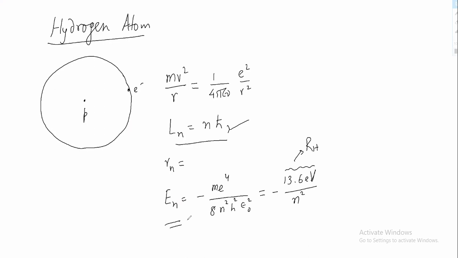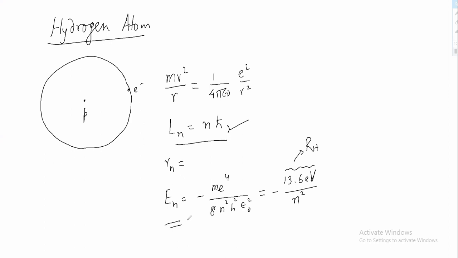This is the energy of the hydrogen atom we talk about, and then we say that in the ground state the energy is minus 13.6 electron volt.